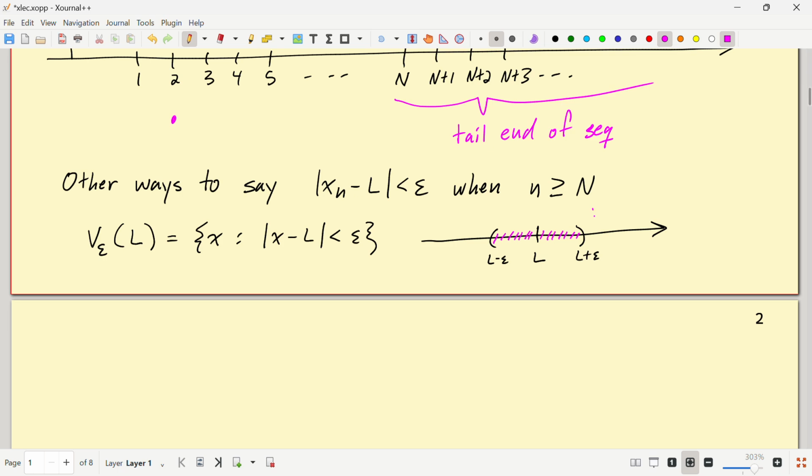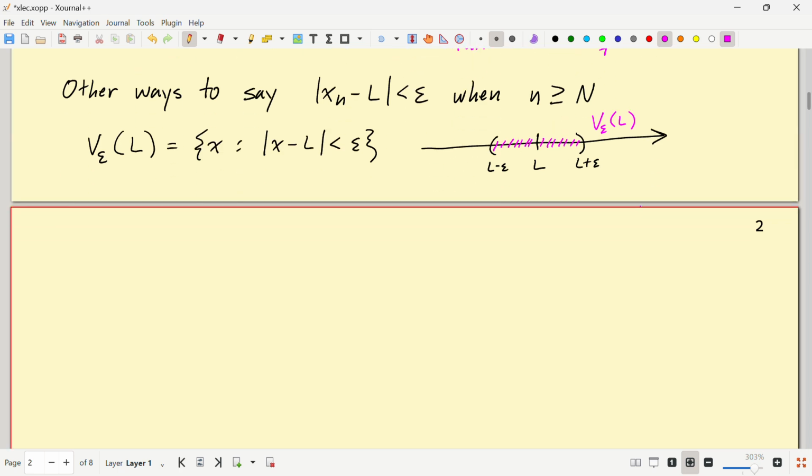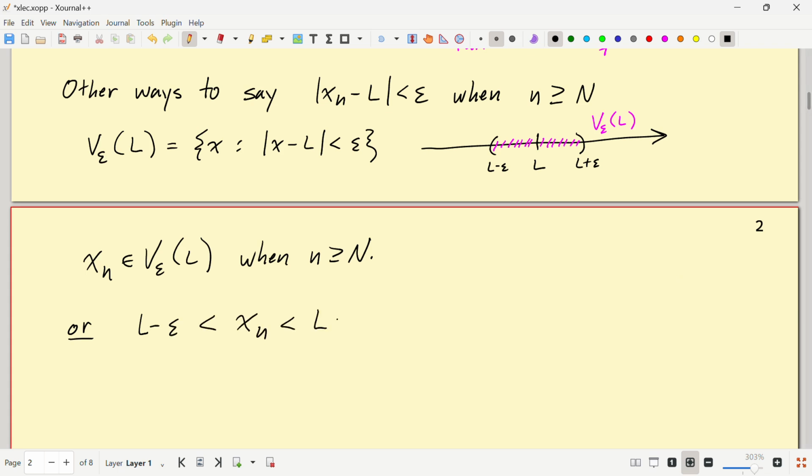That's the V sub epsilon of L. Okay, so one way to say it is that x sub n is in this epsilon neighborhood of L when n is bigger than or equal to N. And of course, you could say that L minus epsilon is less than x sub n is less than L plus epsilon when n is bigger than or equal to N. They're all the same.